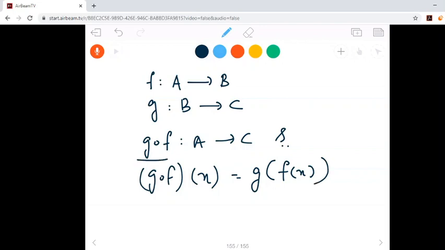This is known as composition of g and f, denoted by g∘f, g composite f. So it's a function from A to C.